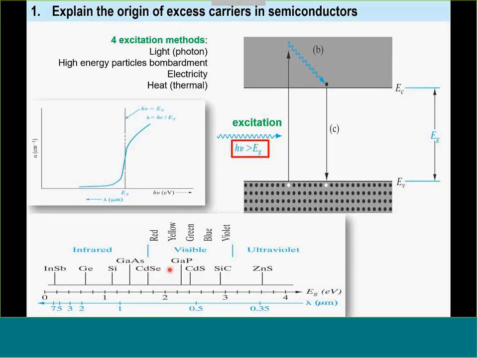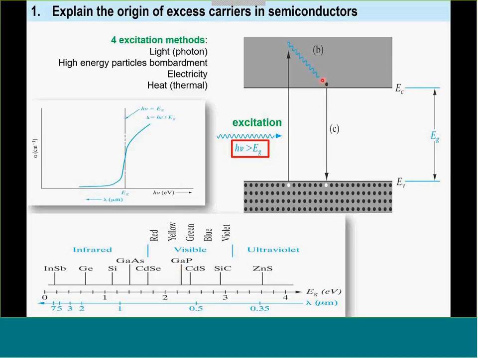But gallium phosphide falls in the visible region, about 2.2 to 2.3 eV, where it gives yellowish green. And zinc sulfide gives ultraviolet light. So you can see that different materials have different E gaps.